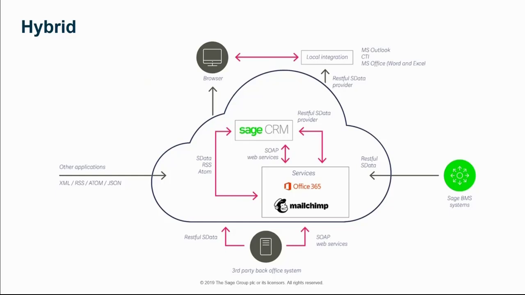With the integration compatibility, Sage CRM can now be positioned as the platform that pulls and pushes customer information to various subsystems and delivers a high level of customer experience to all your customers.